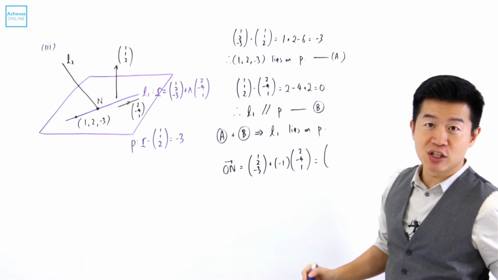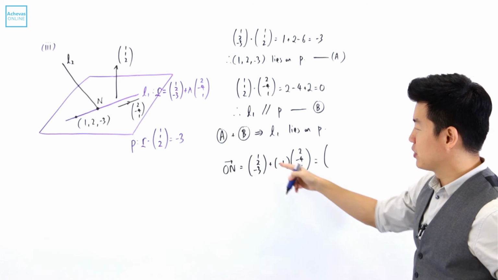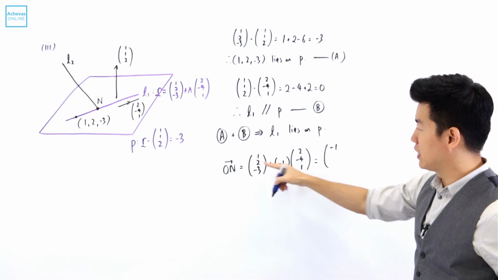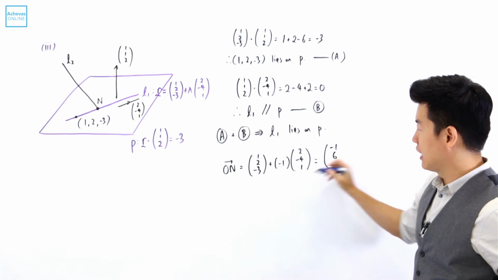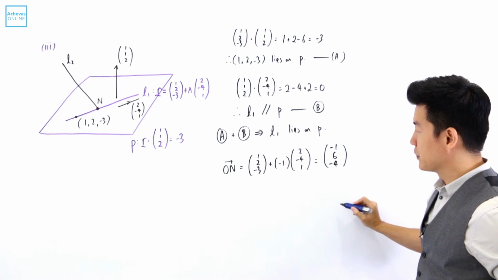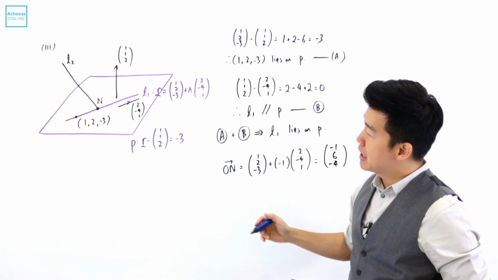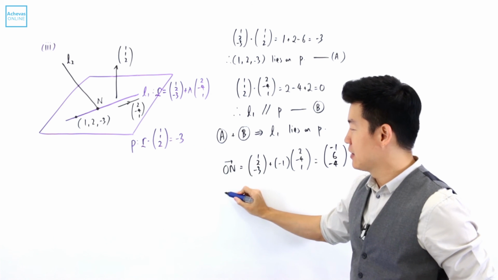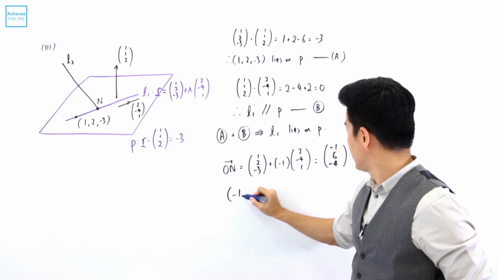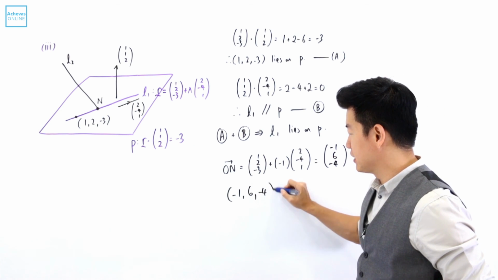So the position vector of this point N is going to be (-1, 6, -4). So the place where L2 intersects P has coordinates (-1, 6, -4).